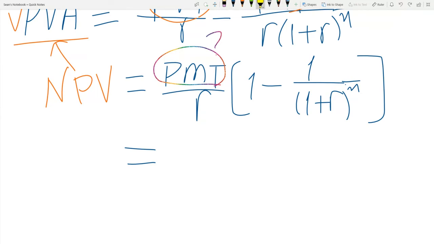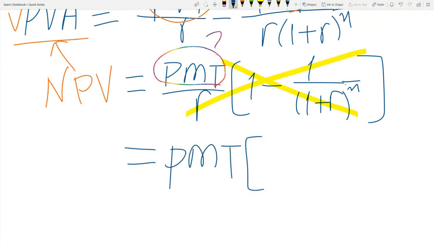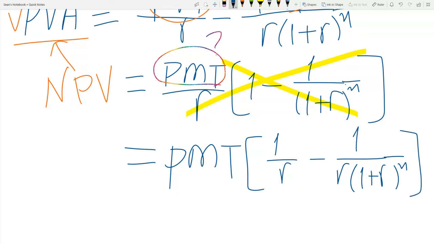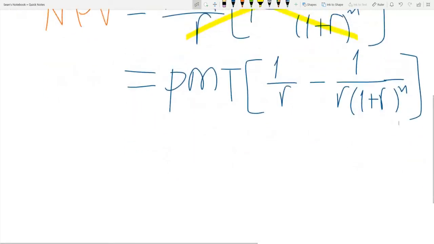Not that this is wrong, but we can factor out only payment. If I factor out only the payment, it's going to be payment times (1 over R minus 1 over R times (1 plus R) raised to n). Right? Mathematically, I think this is not that difficult to follow.